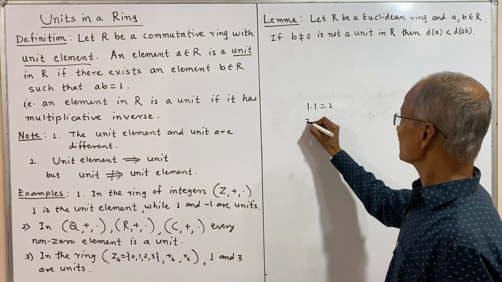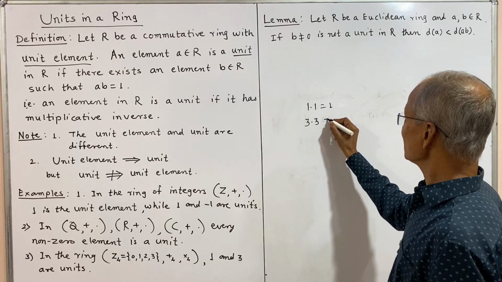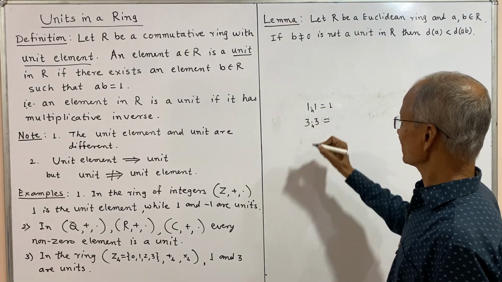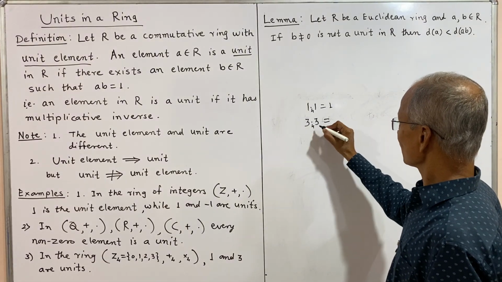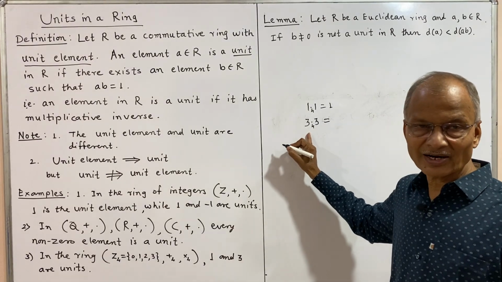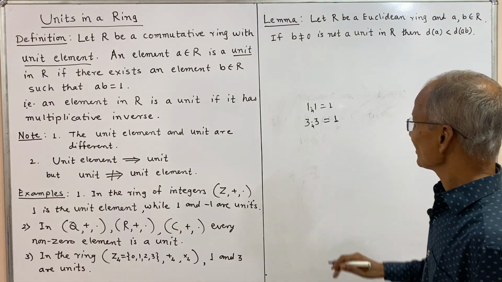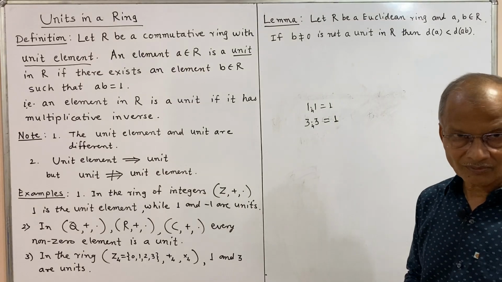The multiplicative inverse of 1 is 1. And also the multiplicative inverse of 3 is 3, because 3 into 3, this is multiplication modulo 4, is 9, and 9 divided by 4 gives remainder 1, and therefore 3 into 3 is 1 under multiplication modulo 4.